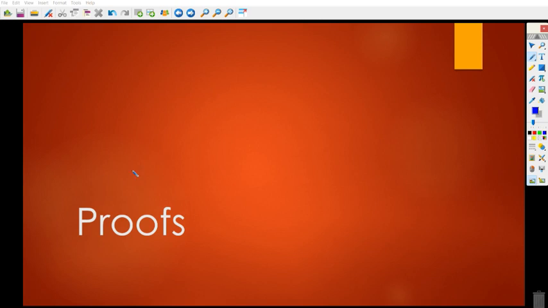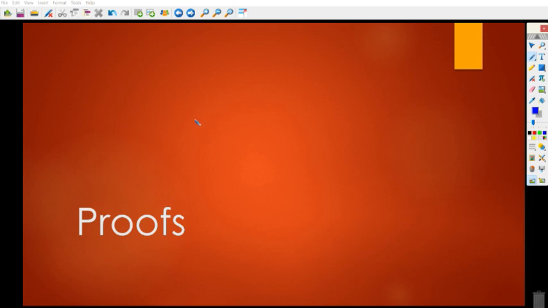If you look at this here, we're going to do some proofs. The first 3 proofs that we're going to be doing are going to be proving that certain properties of a parallelogram are true. So by doing that, we can only use the definition of a parallelogram.